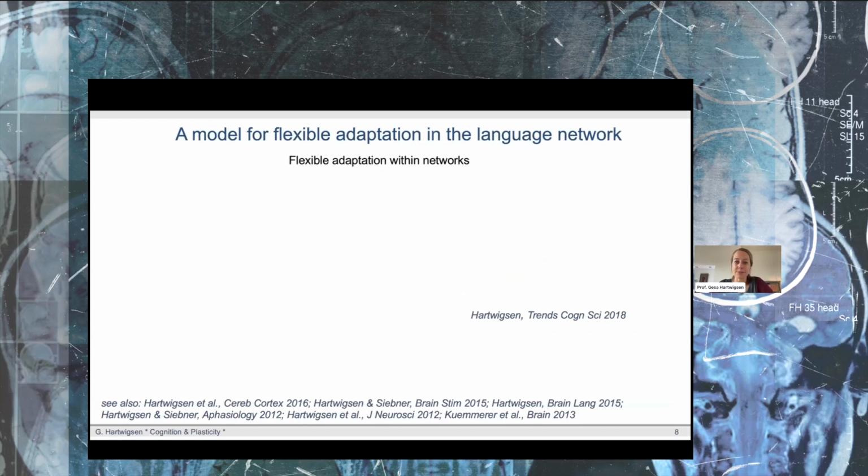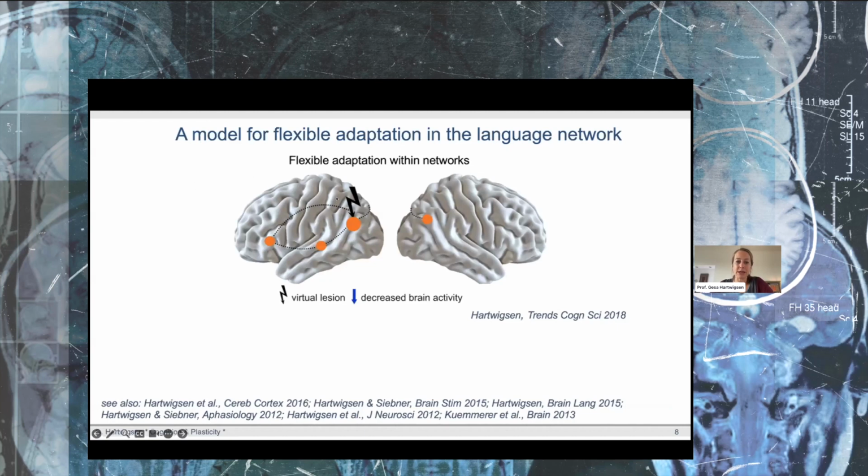So how should flexible adaptation within networks look like? Let's assume we have a simplified language network shown here, and we target one of these areas with inhibitory non-invasive brain stimulation, which is often referred to as virtual lesion. Now, this will decrease the contribution of the targeted area to my task because I inhibit this area.